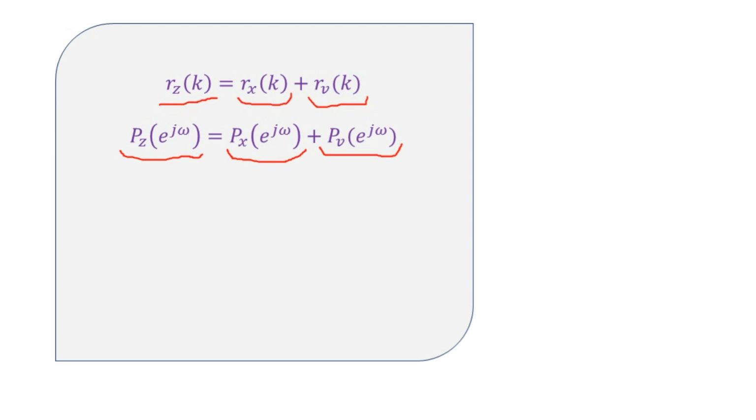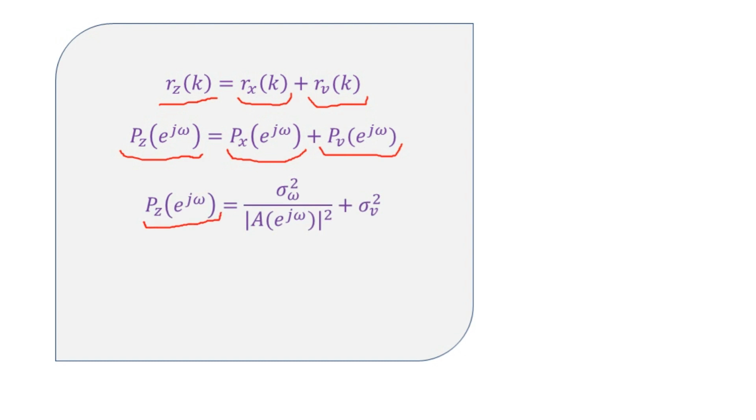So for the x of n random process, there it is P suffix x as a function of e to the power j omega that we have determined in the first part here, whereas P suffix v as a function of e to the power j omega is the power spectral density for the v of n random process here. So here we move further for the power spectral density for z of n random process, P suffix z as a function of e to the power j omega.